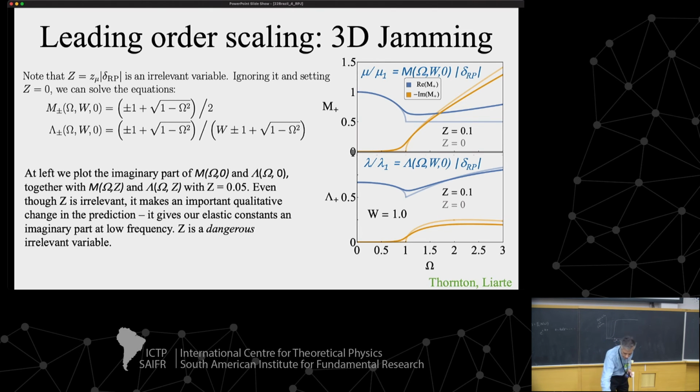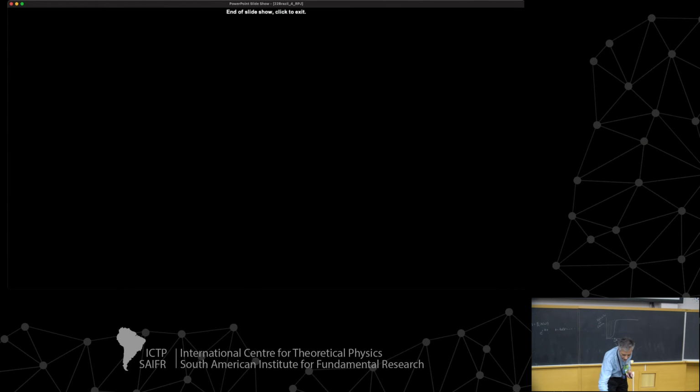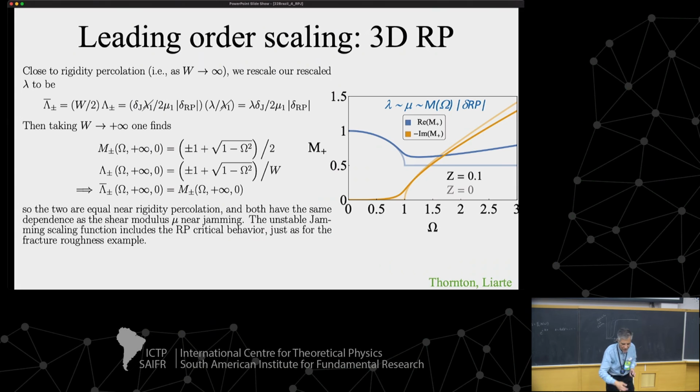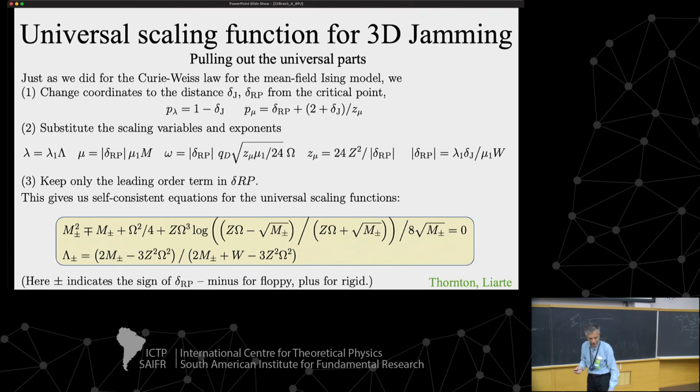But I'm not saying that Z is some really special thing. It's just a parameter like the next neighbor bond. Where did it go? This Z is like a next neighbor bond.